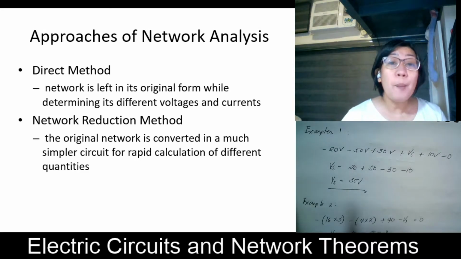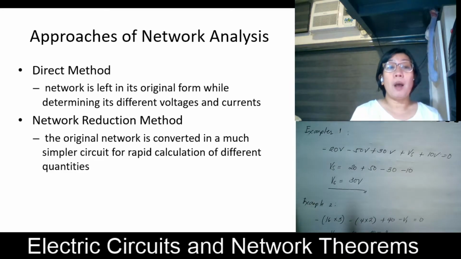Okay, so some examples of network reduction method is the one we have already discussed previously, the delta to Y conversion, because technically there is a change in the circuit, right? So from delta, we change that into Y and vice versa. So that is one good example of a network reduction.